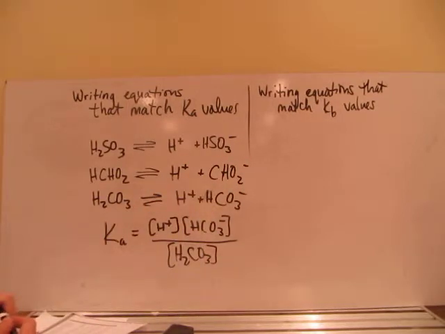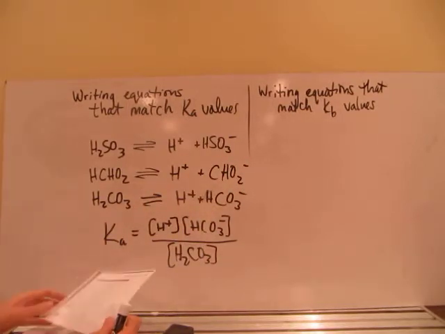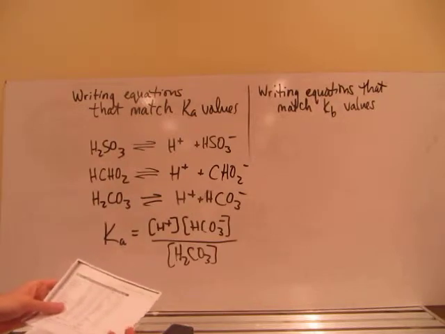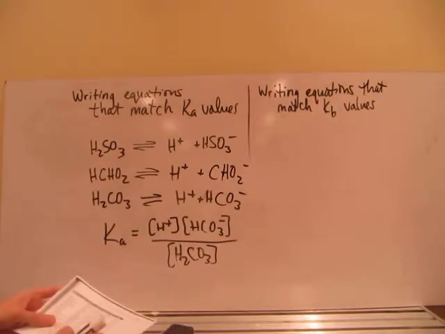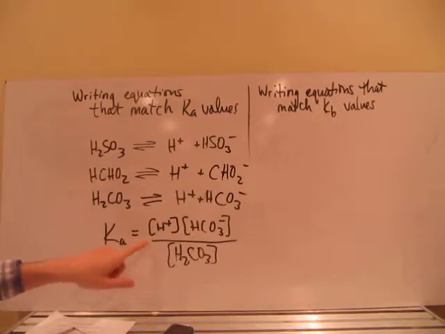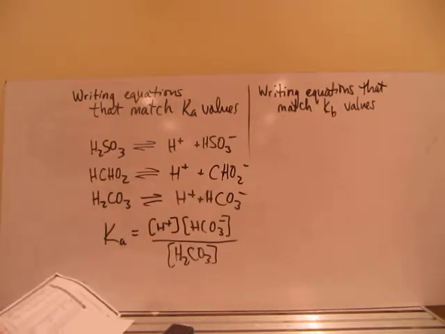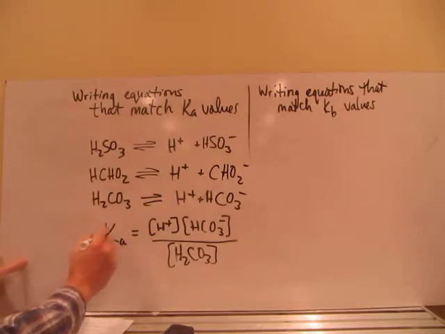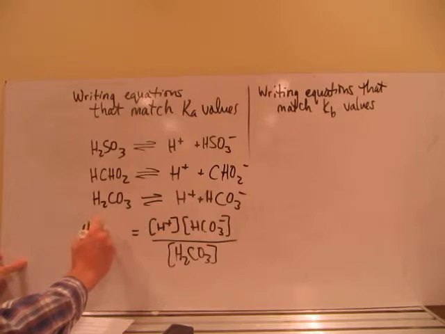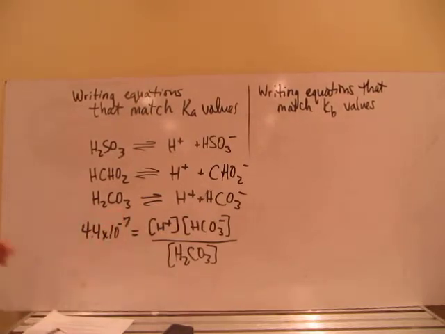Matching Kb values. Same thing, we have this list of weak bases, and you need to be able to write the equation that matches that value. So I could write the value here, maybe just to make sure you see 4.4. So for carbonic acid, the value that we're given is 4.4 times 10 to the negative 7th.